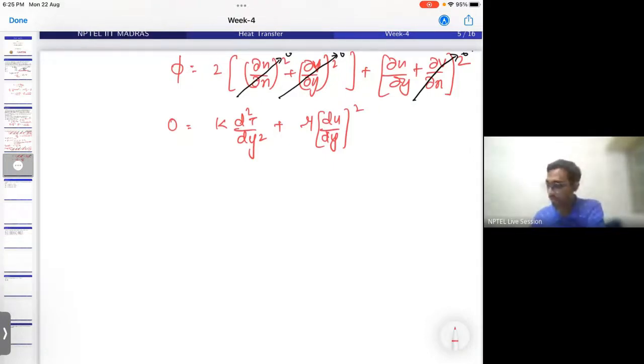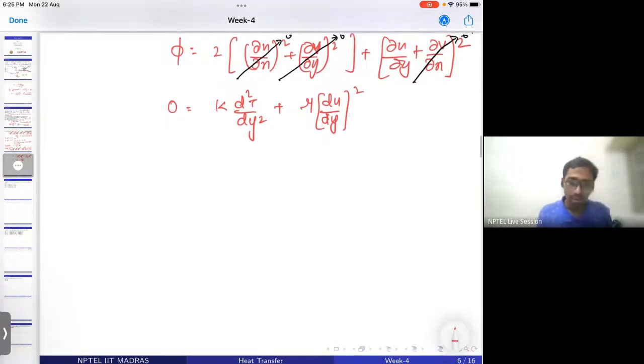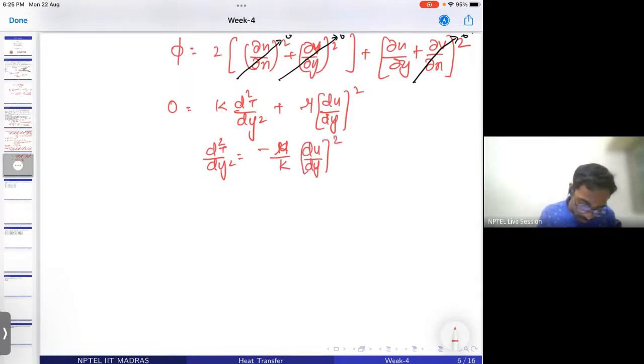Next, just integrating it and giving the boundary conditions, we will get the temperature profile. So d square T by dy square is equal to minus mu by k times (du by dy) the whole square.